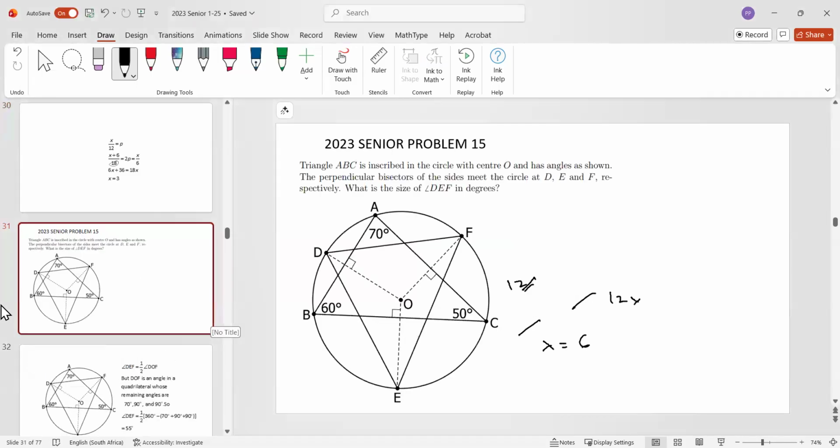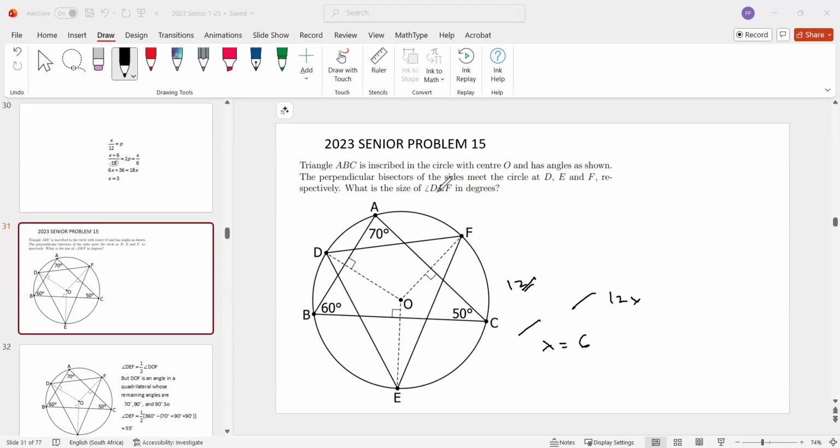So here you see you have a geometry problem. All right, the triangle ABC, there's A, B, and C. It's inscribed in a circle with center O. So there's a circle, the center is O, and you got triangle ABC.